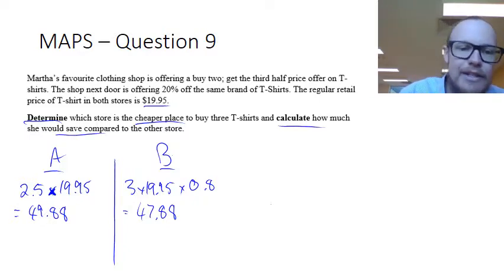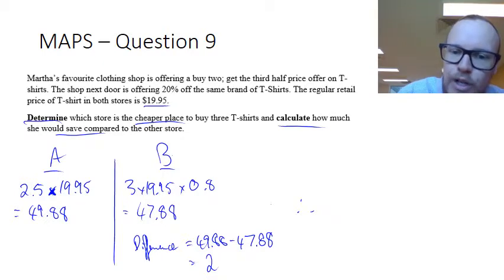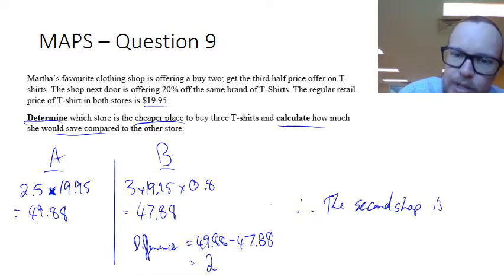The difference is 49.88 minus 47.88, which is $2. So we can say, therefore, the second shop is cheapest by $2.